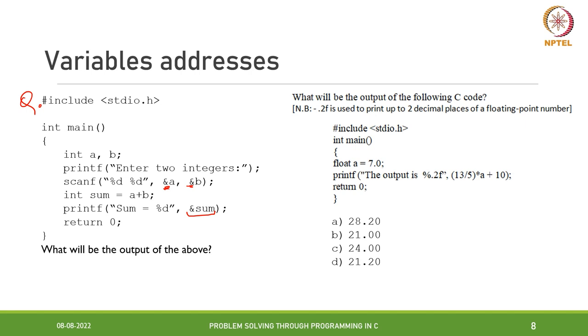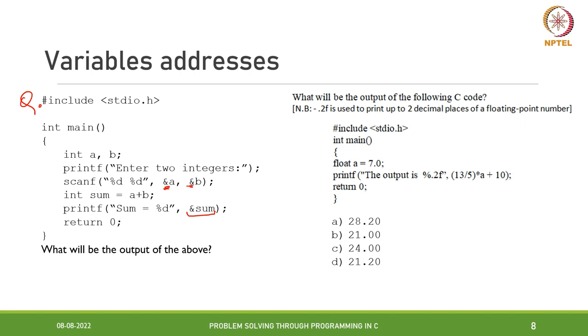It does, but the format specifier has to be according to the value. Okay, so here, when I say sum is a variable which is an integer variable, it's a variable which stores integers, right? Now, when I say ampersand of sum, that means it is referring to the memory address of this variable, right?